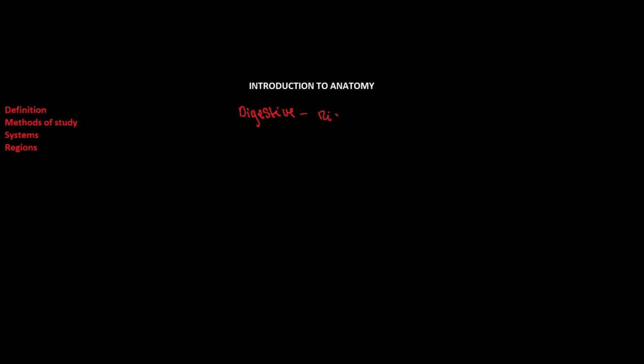In the digestive system we have the digestive tract and other accessory organs, like the liver and the pancreas that help in breaking down food.